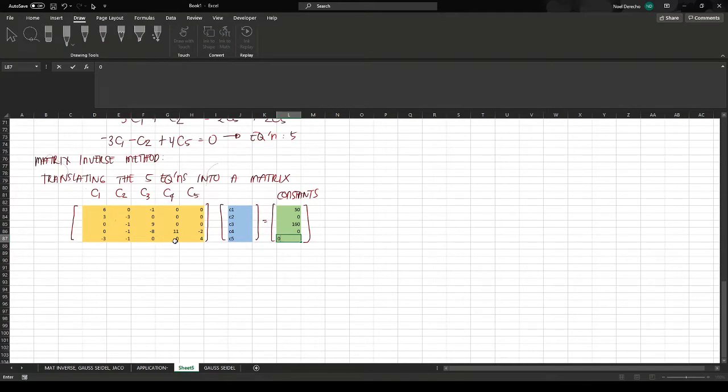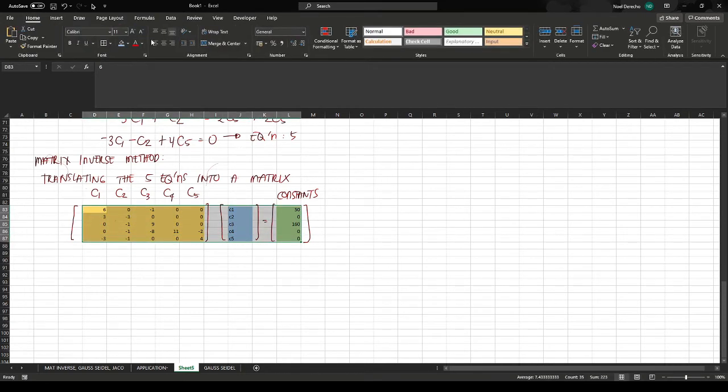Okay, so we completed the values. So next is finding the matrix inverse.